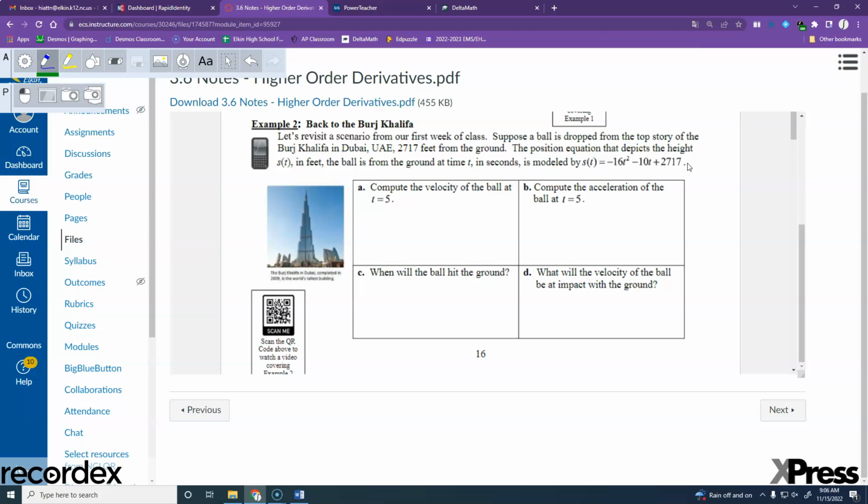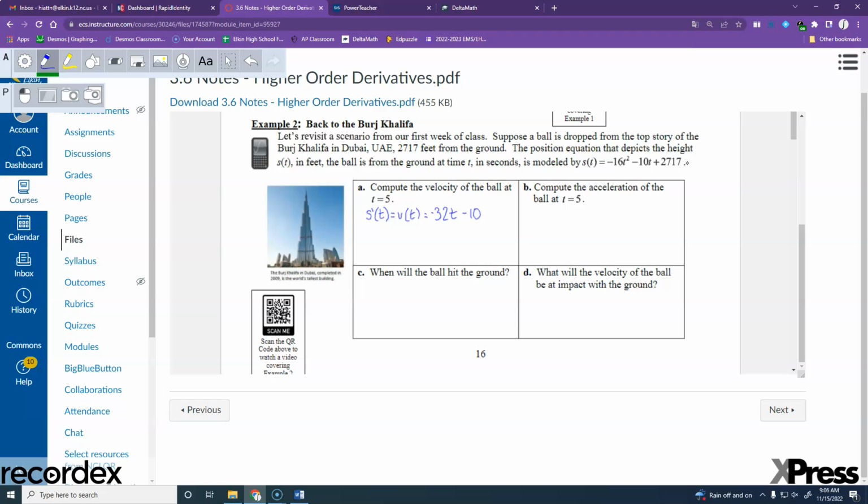So if I take the derivative here, s prime of t, and what I like to do on these problems, I like to label velocity with a v, but you need to show that you're taking the derivative. So I do s prime of t equals v of t, and so now I can call it v of t if I would like. And I'm going to just take the derivative here, so it's going to be -32t minus 10.